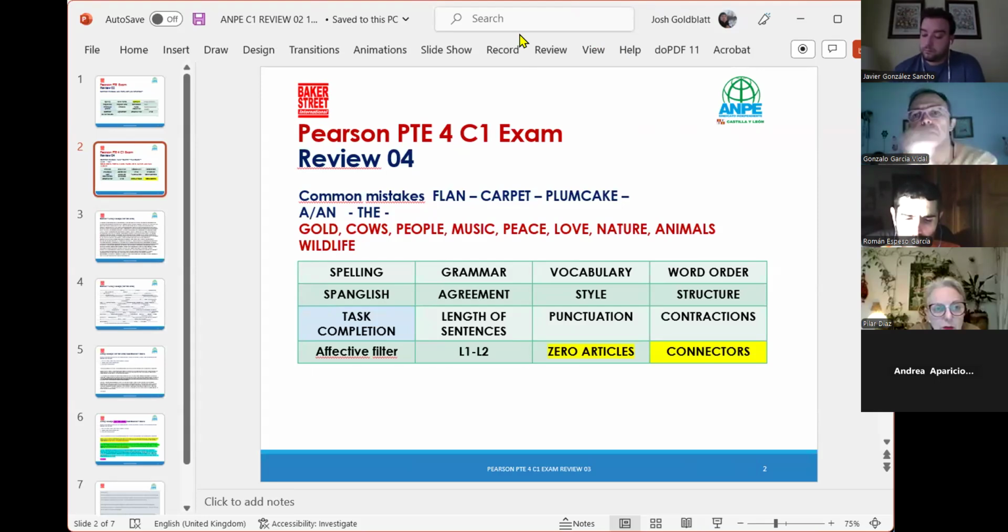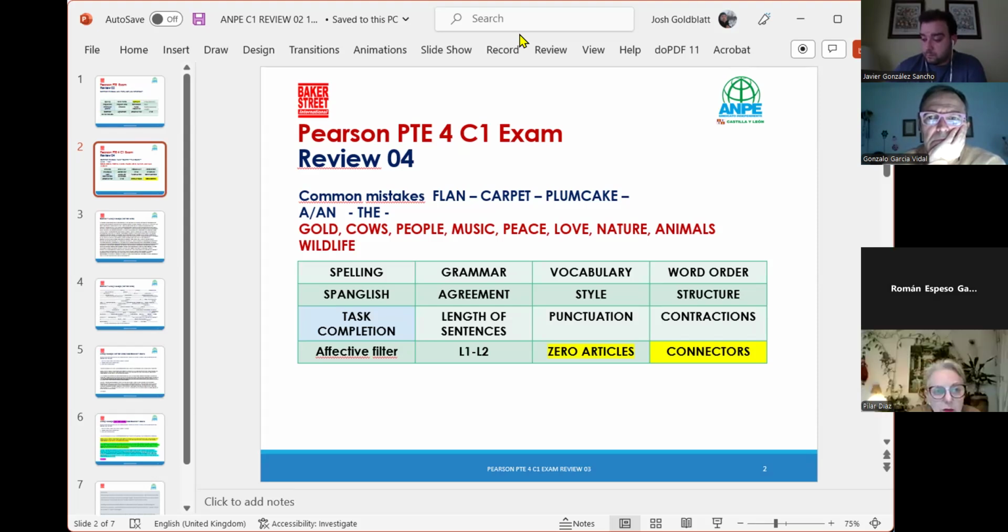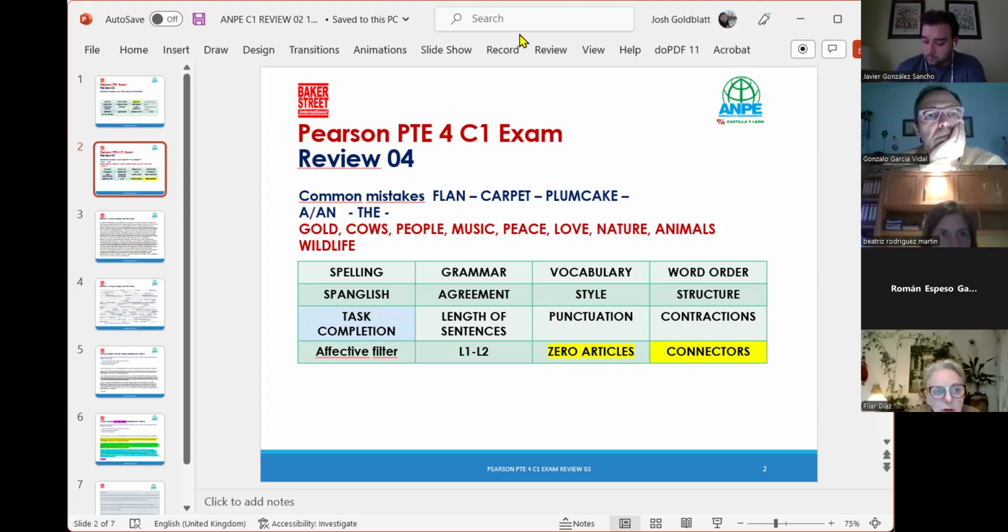So when you're doing your writing and you're checking it, look back at the reading part and you can see how some of these words have been used before. That will help you see if you're using the correct order, specifically when there are adverbs involved.